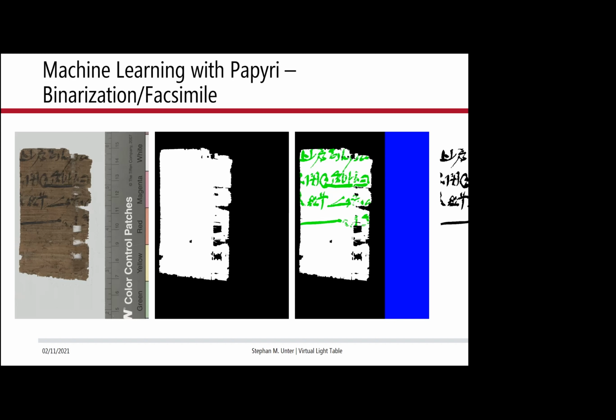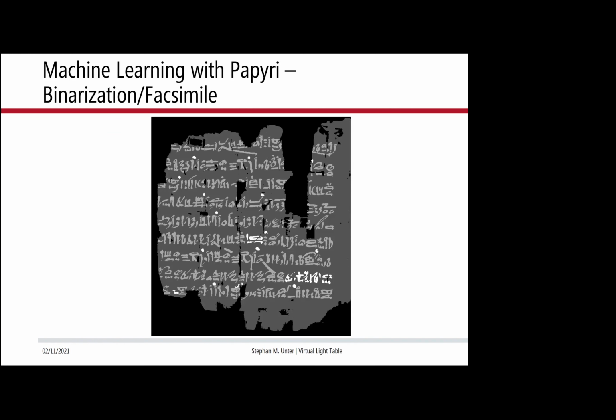Then I have papyrus as a class, black ink and red ink. And the machine can learn this, and for every pixel, the machine tells me, okay, it is, for example, black ink or papyrus, and in the end, I can decide to just show all the pixels that are black or red ink. And here, for example, you have such a case.